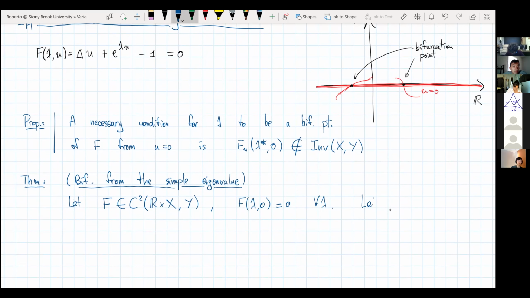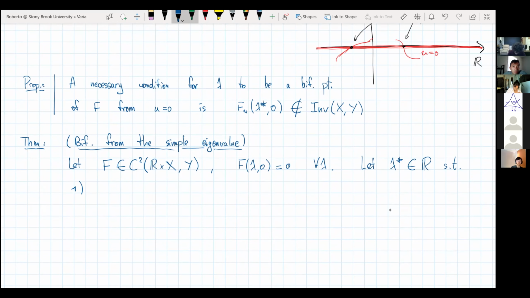And we let lambda star be such that now we need three hypotheses. The first is that f_u is not invertible, so the kernel of f_u is not zero, but there is more. We ask that the kernel is one-dimensional and it's spanned by some element u star in X.